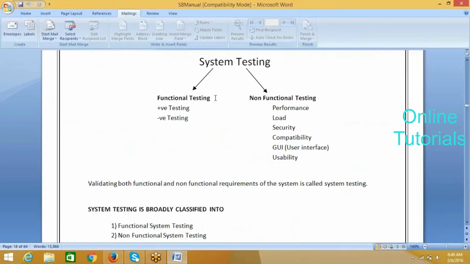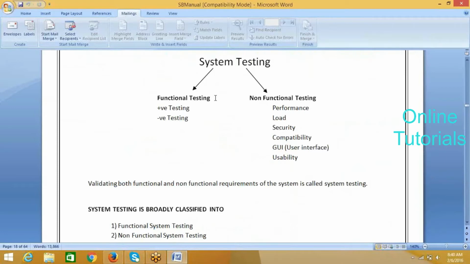We are checking just by seeing, not performing any actions on the application. That is non-functional testing. These are the two types of system testing.